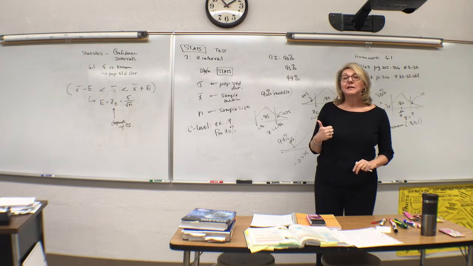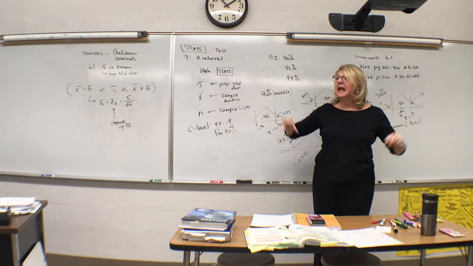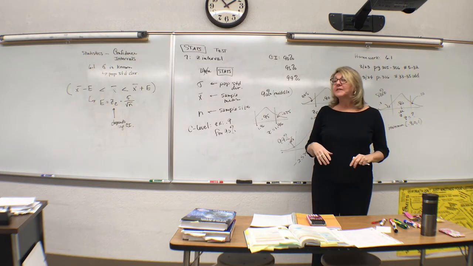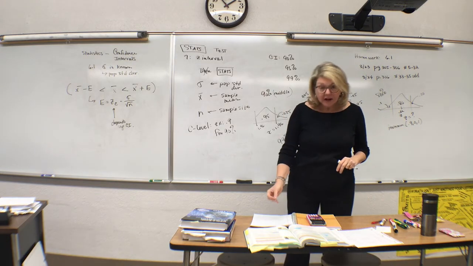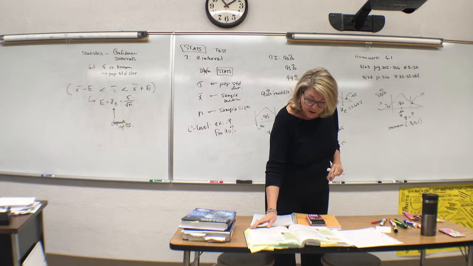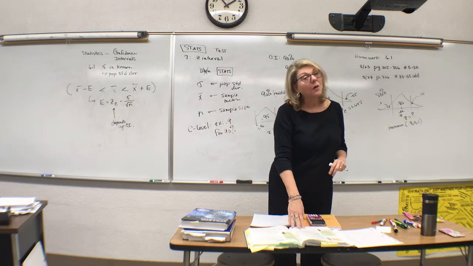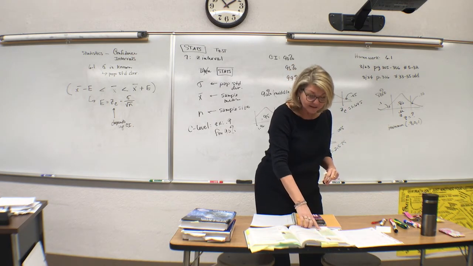It's going to add it to the mean, it's going to subtract it from the mean, and it's going to give you an answer in parentheses, which is the lower and the upper bound. So it's going to correspond directly to the kinds of answers that are required for the problem. Example number 4 on page 302 will take you through this exact discussion.